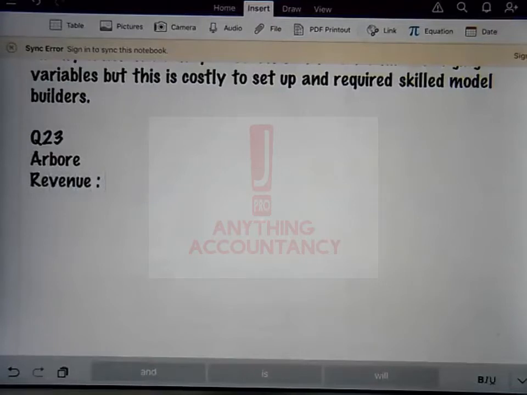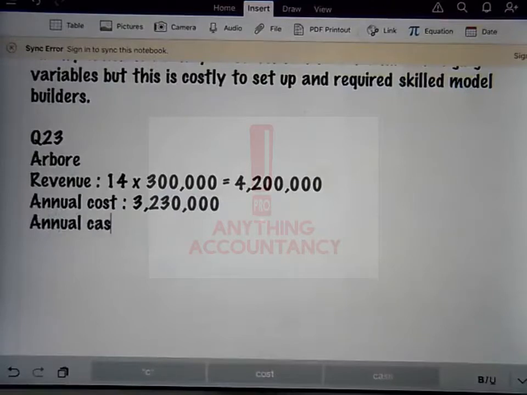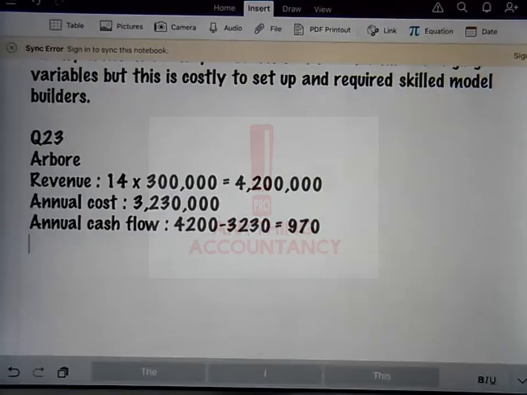Revenue is going to be $14 times 300,000. Are you clear on that one? Okay. Annual cost is going to be, how much is this? 323,000. So annual cash flow is going to be... Are you okay with this part?